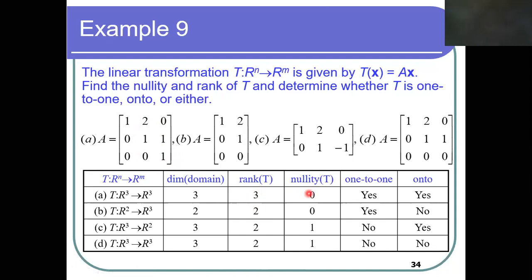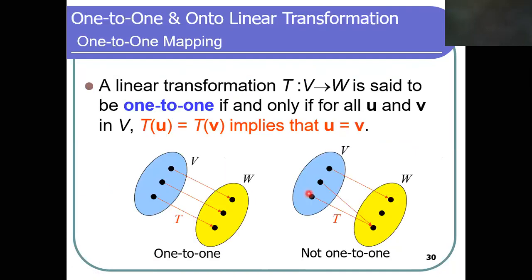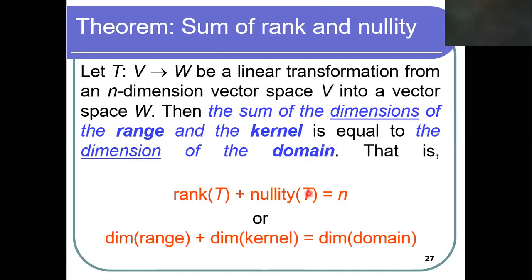Going back to this theorem, rank of transformation plus nullity of transformation is equal to n. So if rank is 3 and the number of columns is 3, then surely the nullity must be 0, otherwise the equality does not hold.